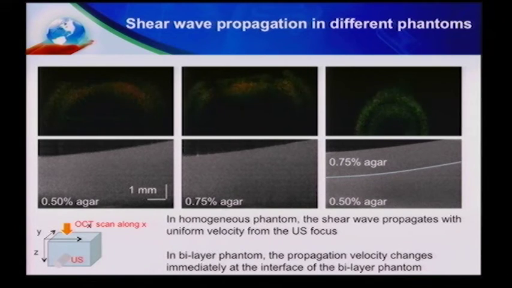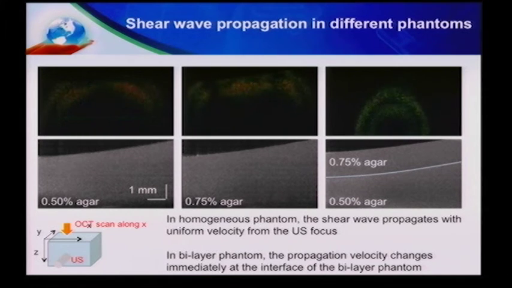And this is a phantom where I have two different types of material. The bottom is 0.5, and at the top is 0.75. You can see the shear wave propagating into the interface. They actually will reflect, and a portion of them will propagate.